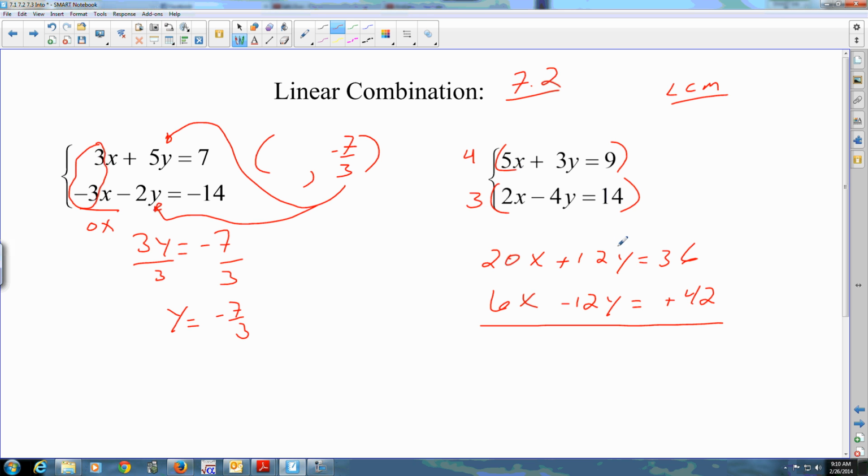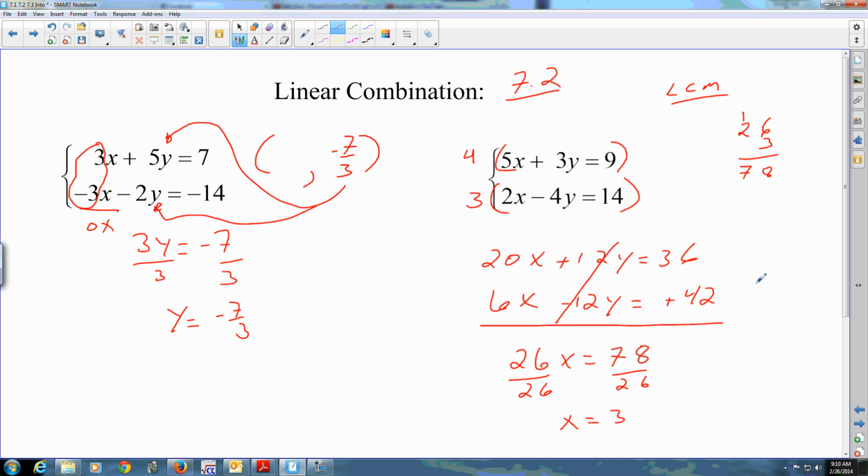So now when I do the linear combination, these cancel out. 26x is equal to 878. And I think when you divide by 26, you get 3. Yep, 26 times 3, 78.